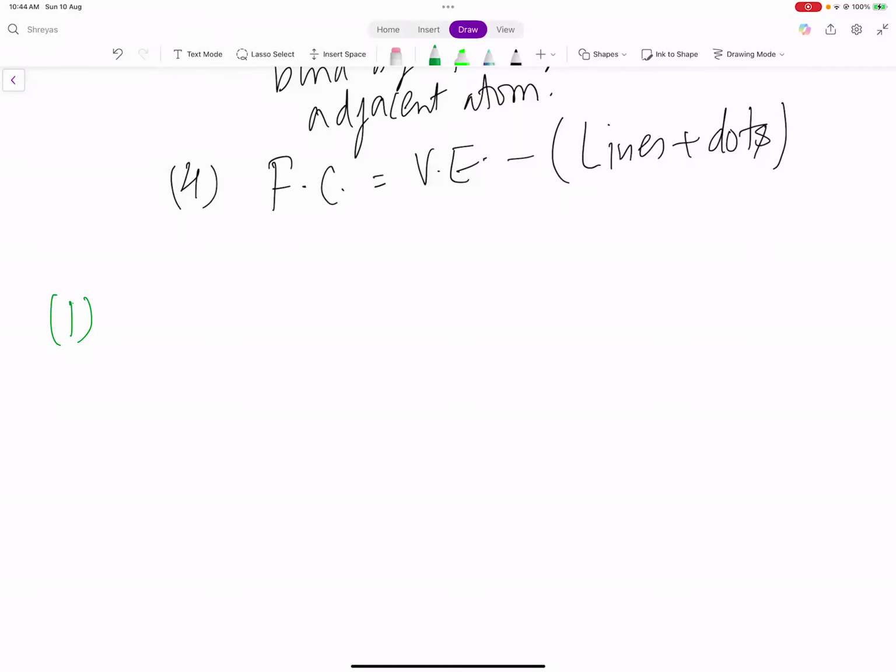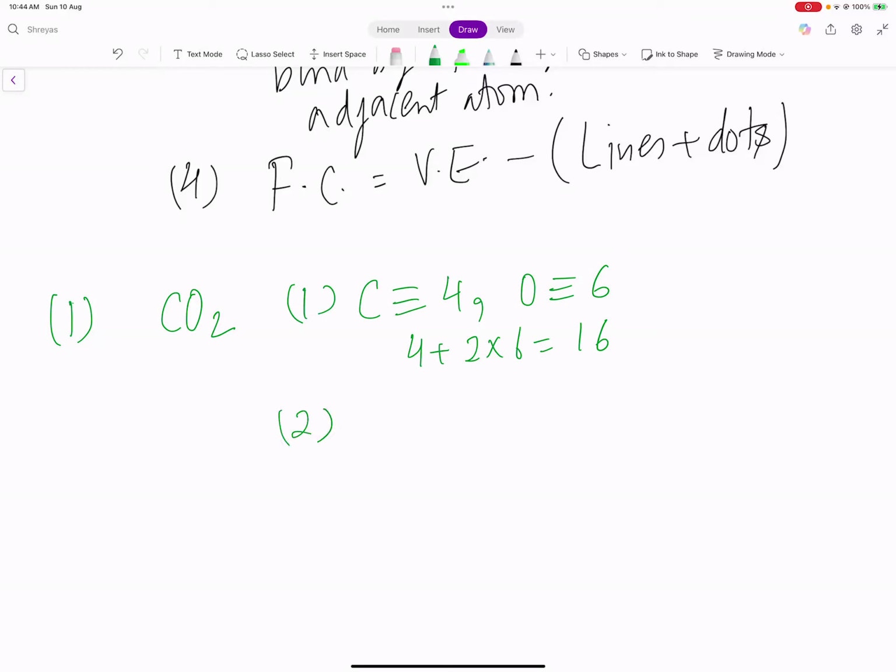I'll take an example of CO2. Carbon has 4 valence electrons. Oxygen has 6 valence electrons. Total valence is 4 plus 2 into 6, 16, right?